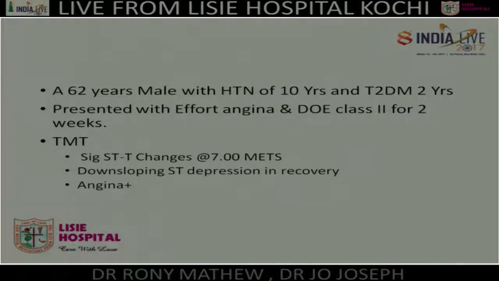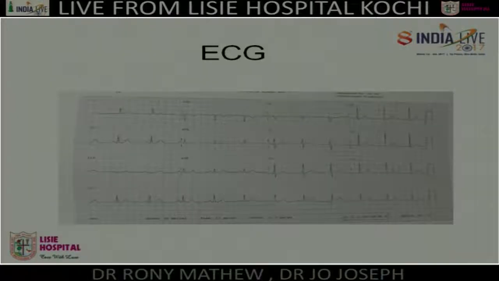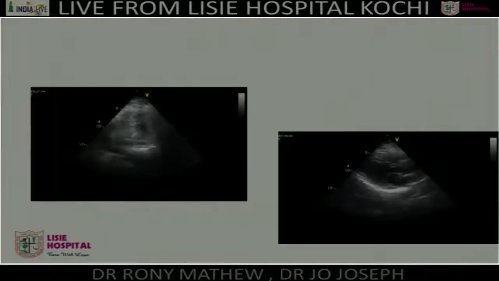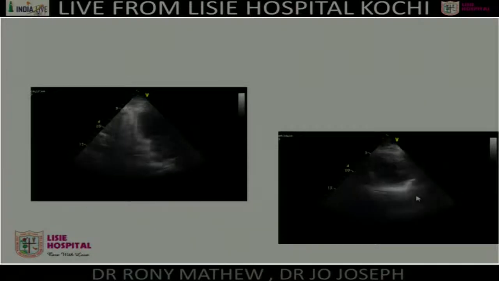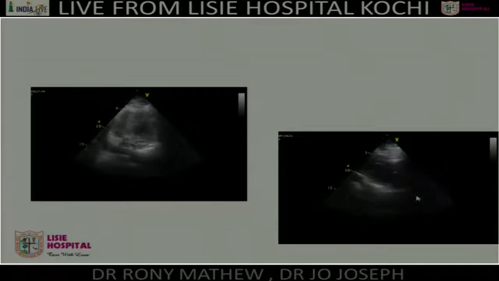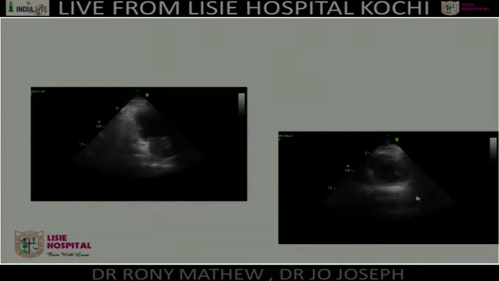TMT showed significant ST-T changes at 7 METs with downsloping ST depression in recovery, and he developed angina on TMT. ECG was normal with no significant ST-T changes. Echo is normal, no regional wall motion abnormalities, normal LV function, valves normal.